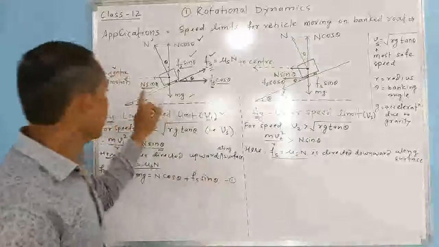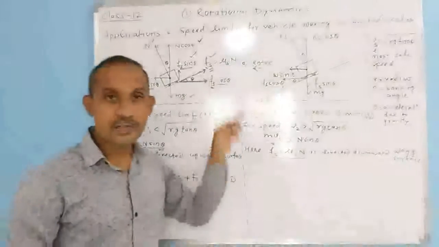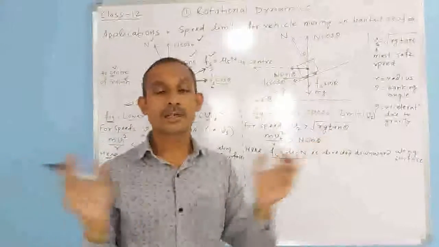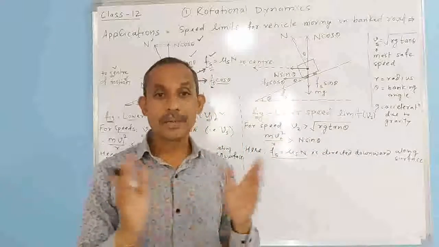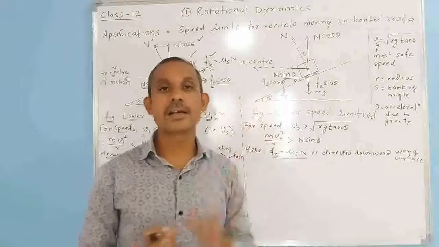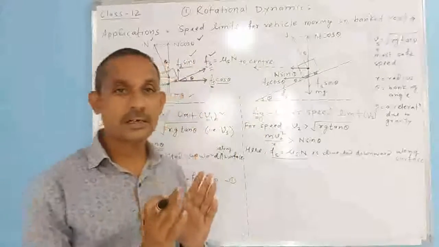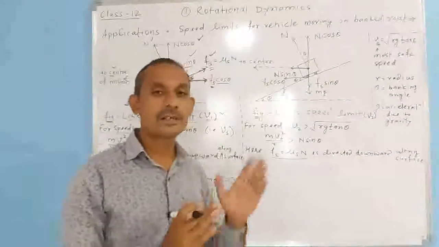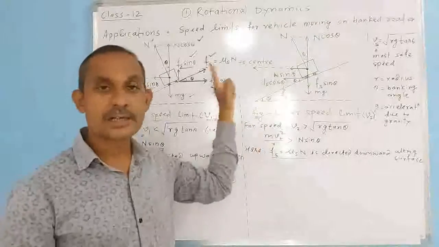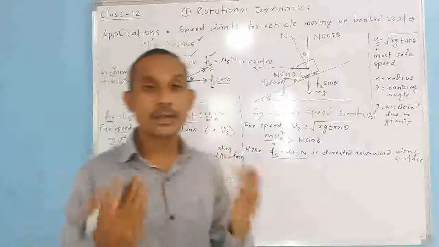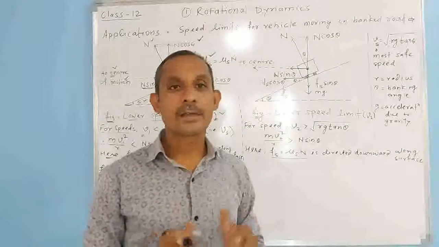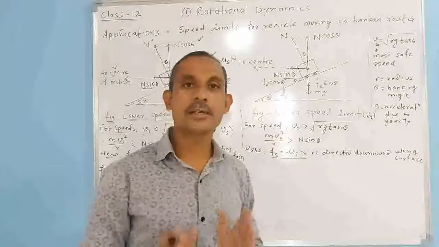Okay, so N sin theta and Fs cos theta are oppositely directed, but they don't cancel each other, they only minimize the effect, and produce a single resultant force, which is nothing but the resultant centripetal force. So these two forces give rise to the necessary centripetal force.